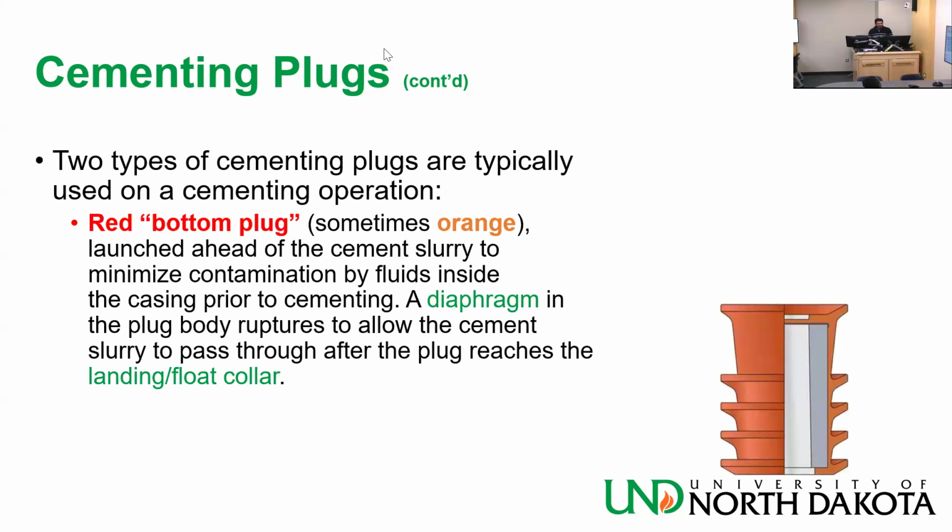The bottom plug, which is red or orange, is launched ahead of the cement slurry to minimize contamination by fluids inside the casing prior to cementing. Basically, it has mud below it and cement above it. This is the bottom plug. It goes on first, okay?